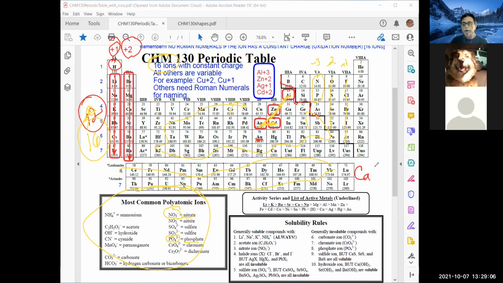Okay, and we're gonna give some hypothetical anion. Okay, what must be the charge on X when it's bonded to calcium? What do you think?